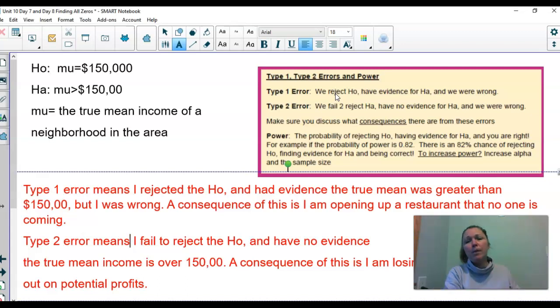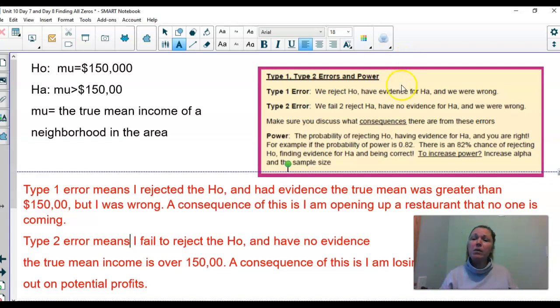And so just making sure you explain what it is and you say it in context. Now, if they ask you about the power, that's the probability of rejecting the null hypothesis and having evidence for HA, okay? And then you were right. So you're not going to have to necessarily compute the power, although I'll talk about how you do that. But I could foresee them having you interpret the power.